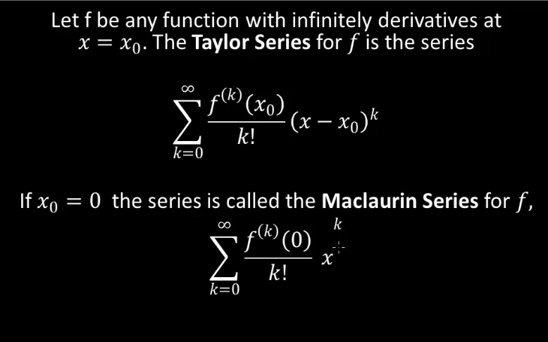In that case, you have your coefficients. The kth coefficient in the series is the kth derivative at 0 over k factorial. And there you just have x to the k. It's no different than above. It's just replacing x naught with 0.